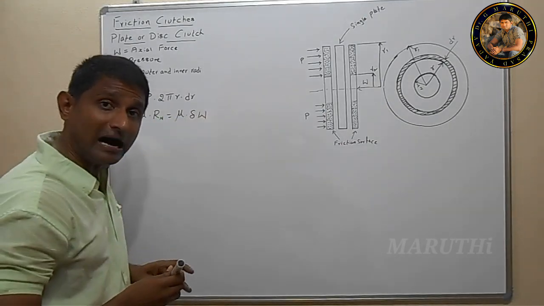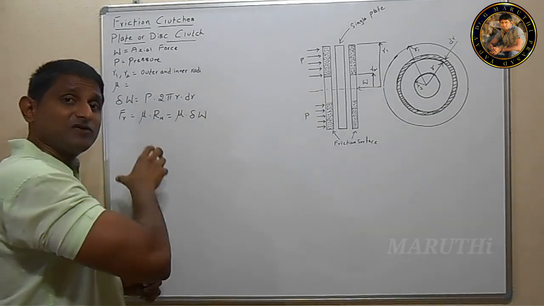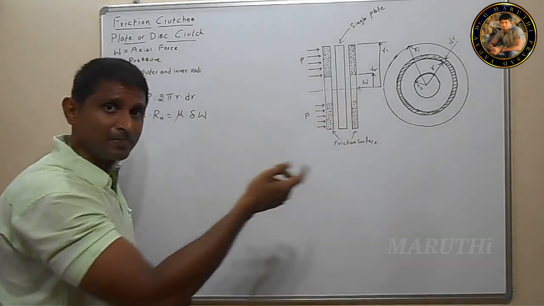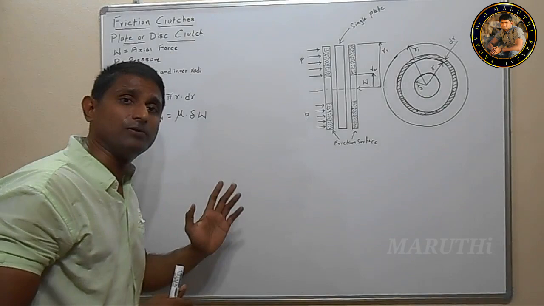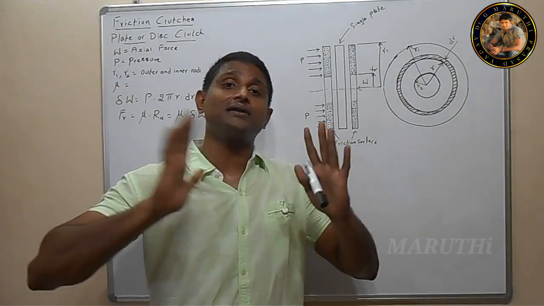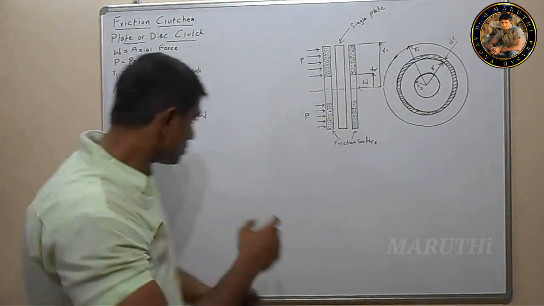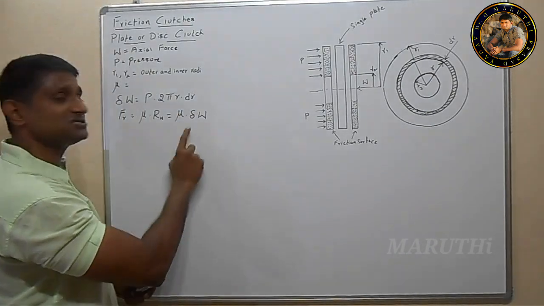So the friction force is mu into delta W, because we are considering the friction force only for that elementary ring. The load acting in axial direction on this elementary ring is delta W, whereas W is the total load considering the entire area. So this is the friction force developed.